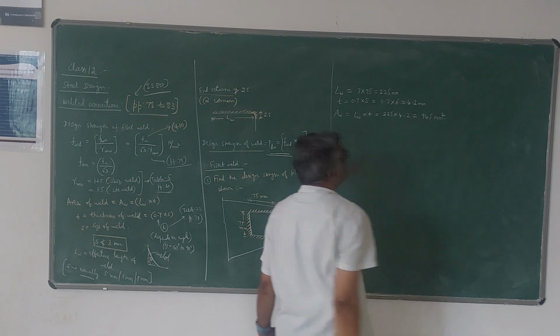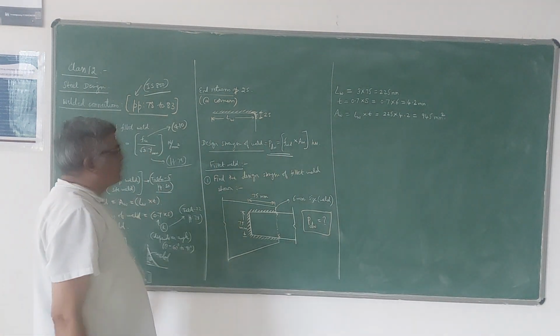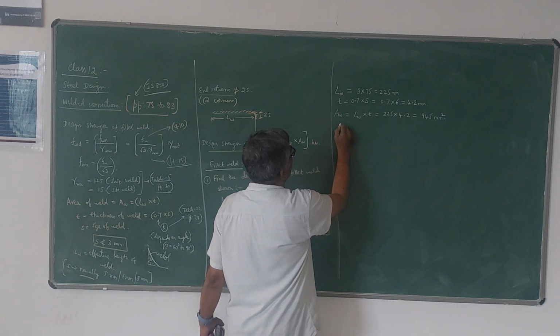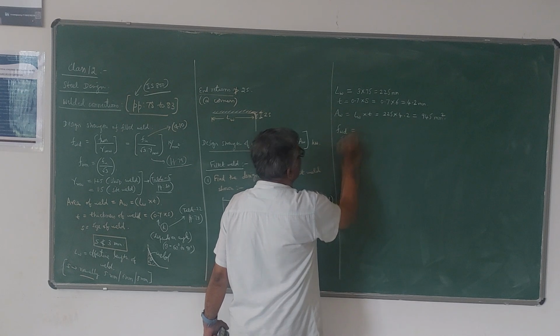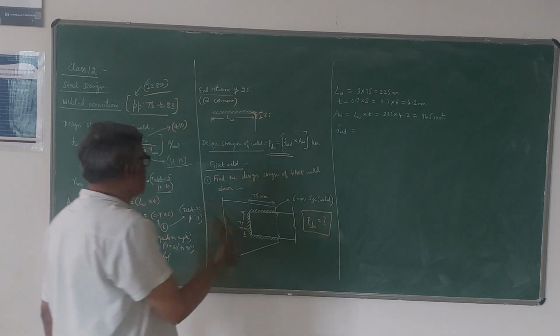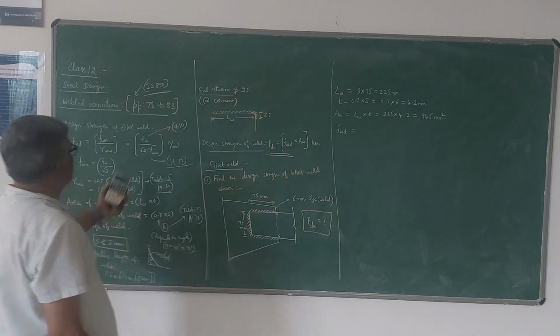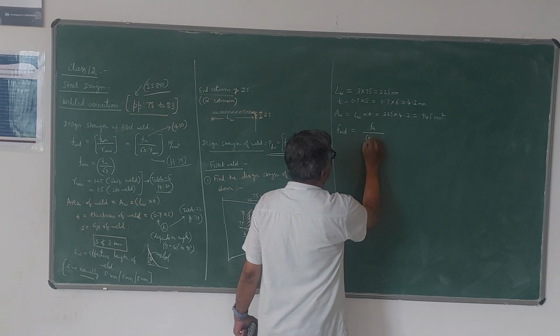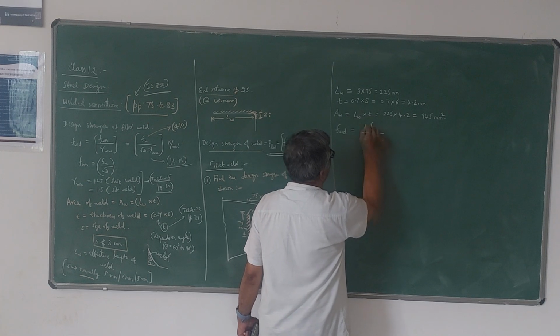That is the area of the weld. Now we have to calculate FWD. FWD is the design stress in the weld, which is given by this formula, Fu by root 3 into gamma MW.